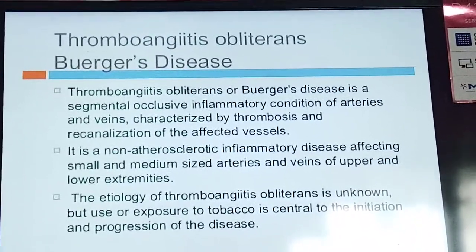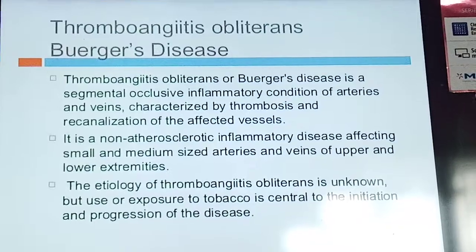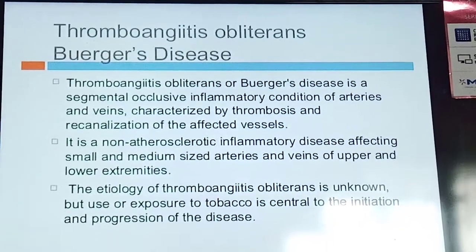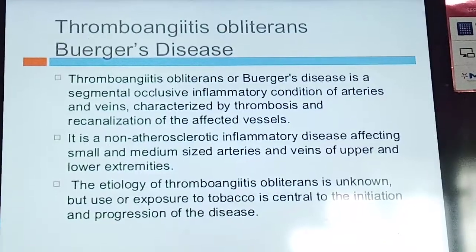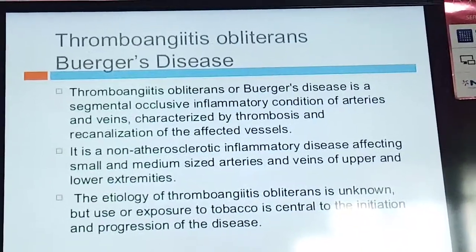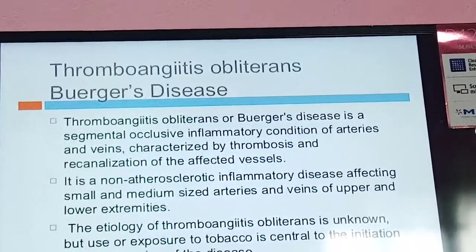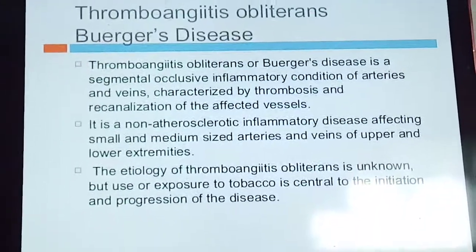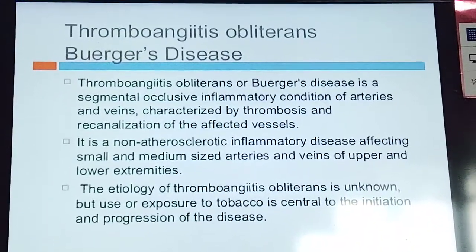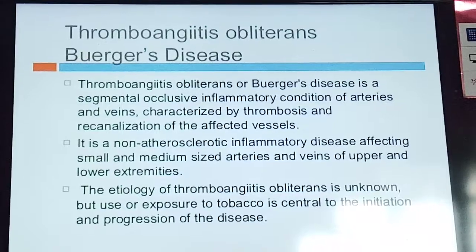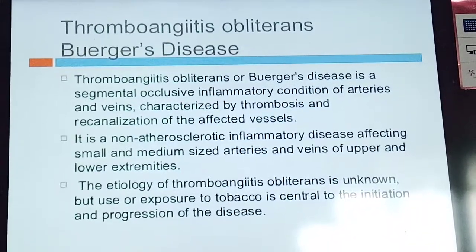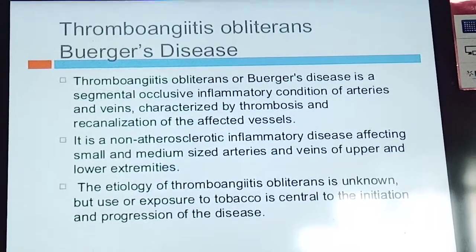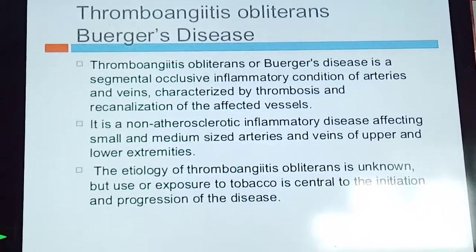It is a non-atherosclerotic inflammatory disease affecting small and medium-sized arteries and veins of the upper and lower extremities. The etiology of Buerger disease is unknown, but use or exposure of tobacco is central to the initiation and progression of the disease. So Buerger disease is usually a disease of chronic smokers.